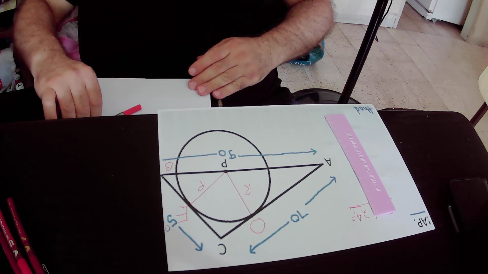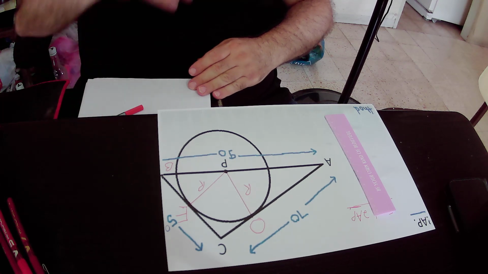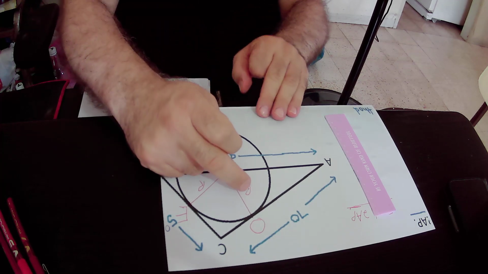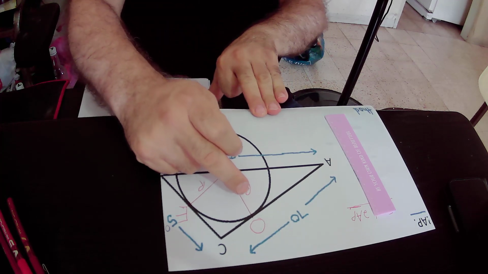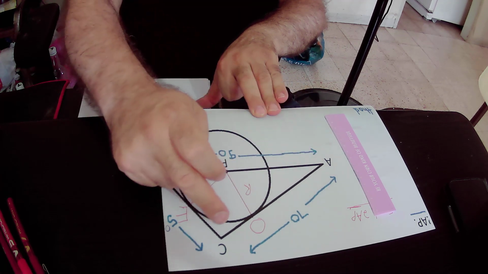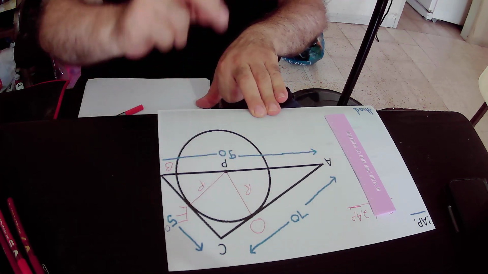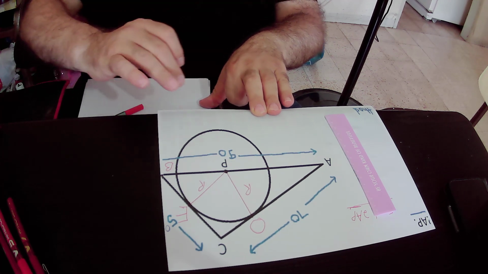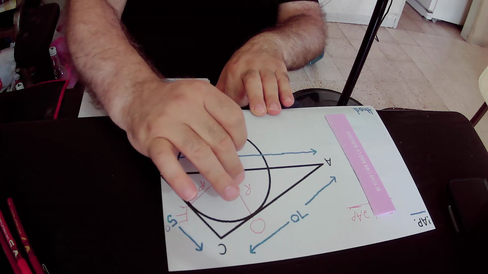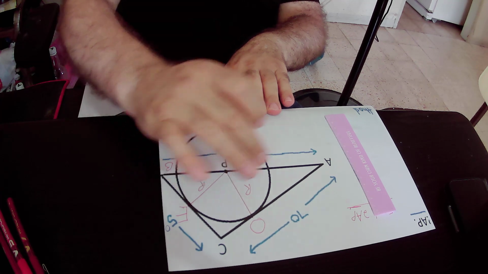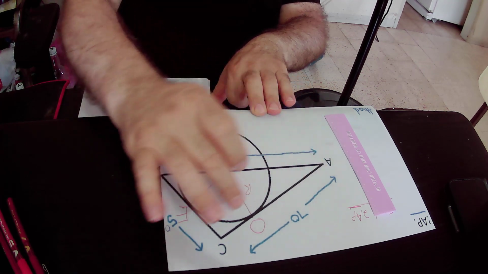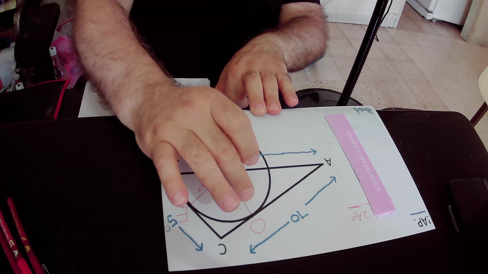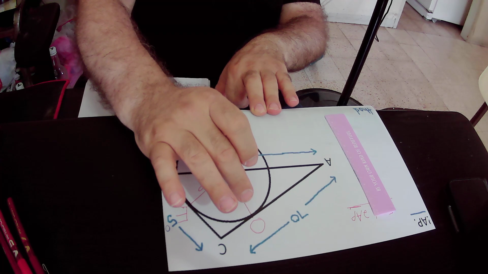We have a rule that in any circle a radius and a tangent to that radius are perpendicular to each other. Okay, so PO is the radius of this circle and AC is a tangent to this circle.